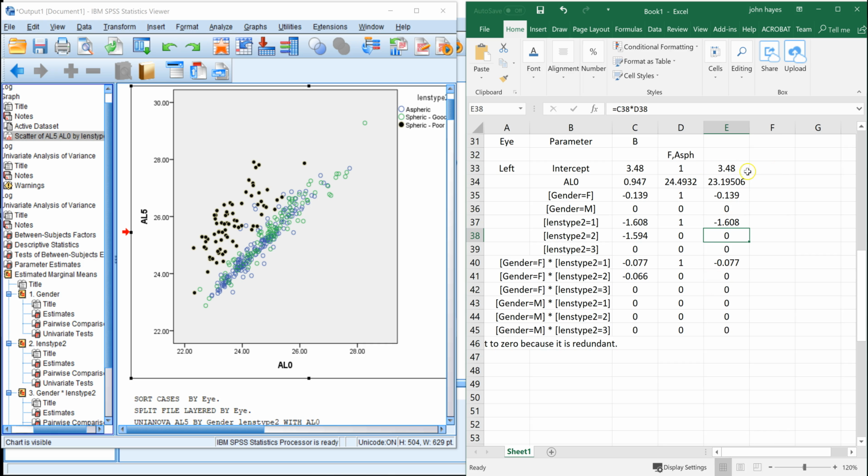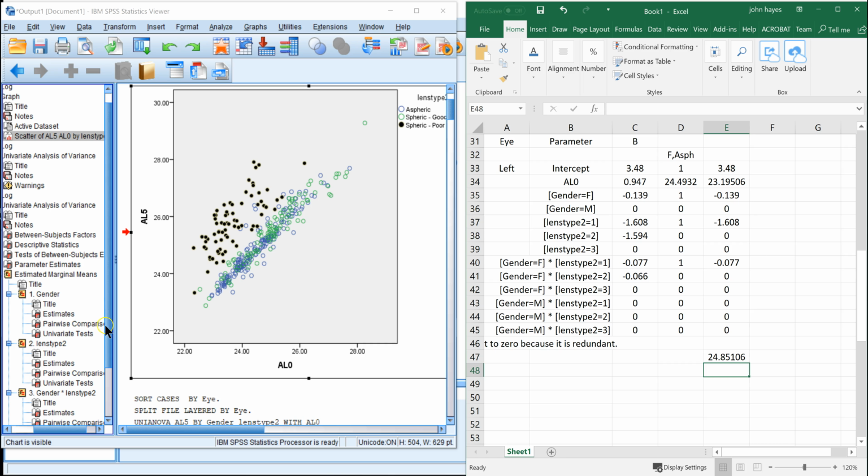All right, and this is our answer for if you're a female aspheric. And then we get our answer by taking the sum of all of these guys. And the answer is 24.85.